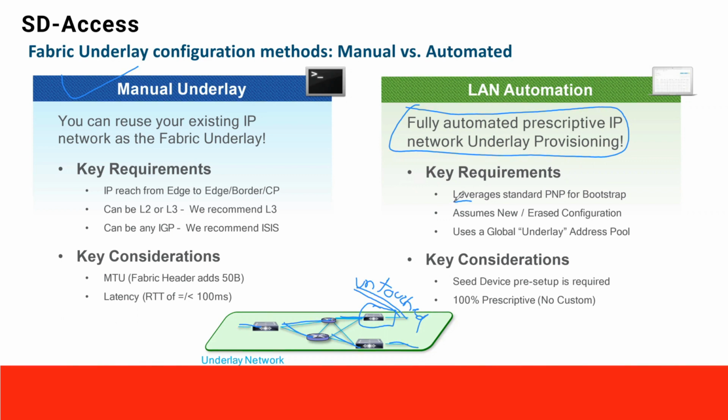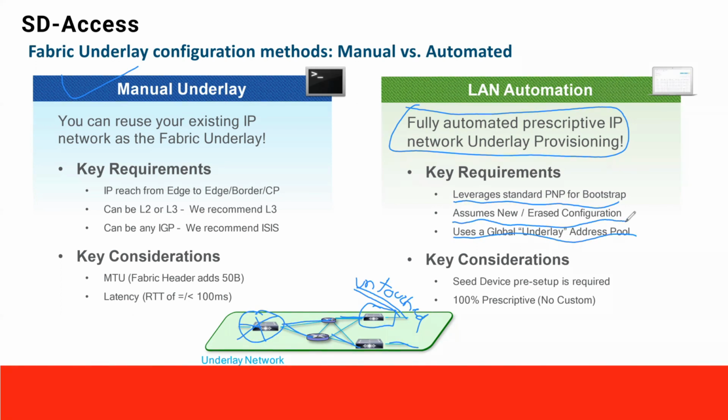Now, the requirement is it leverages standard PNP for bootstrap. It assumes that the configuration is new, or either you have to erase the complete device and make it go to the factory default settings as it was when it shipped newly. And it uses a global underlay address pool.